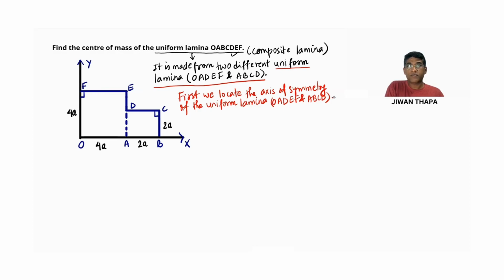So we have this. And what we find is that the mass is equally distributed for uniform lamina about the axis of symmetry.